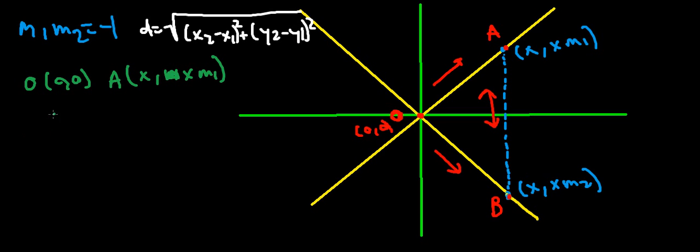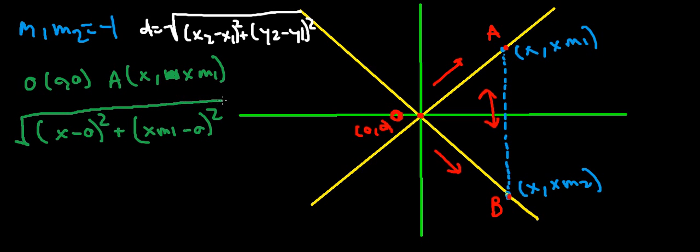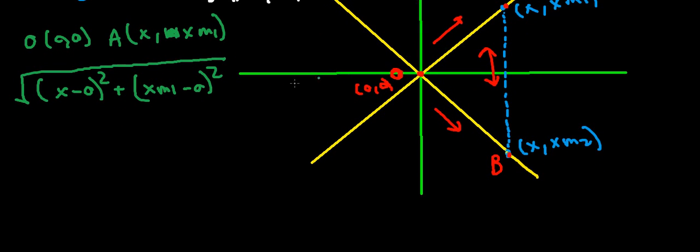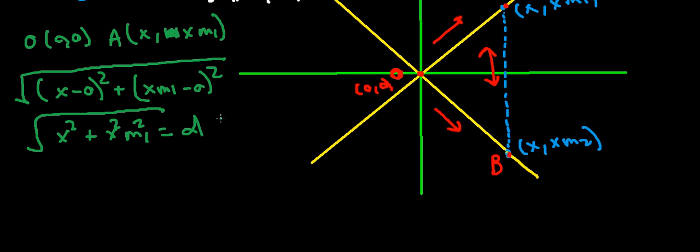So we have x2, which is x, minus x1, which is 0, squared, plus y2, which is xM1, minus 0, squared, and all of this is under the square root. We get x squared plus x squared M1 squared, square root of that. So this is the distance between OA.